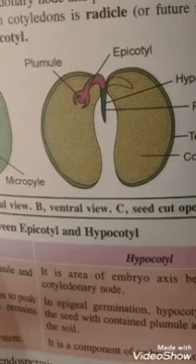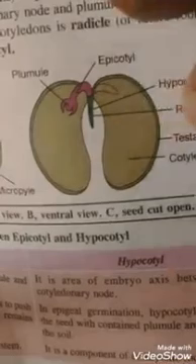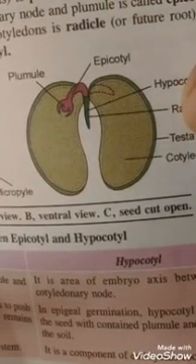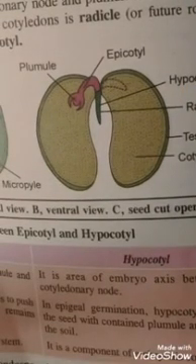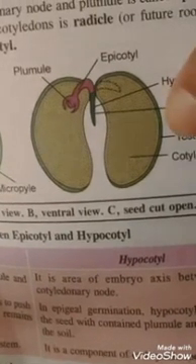Testa means outer seed coat. This testa is outer seed coat, and the inner integument is developed into tegmen, that is inner seed coat.